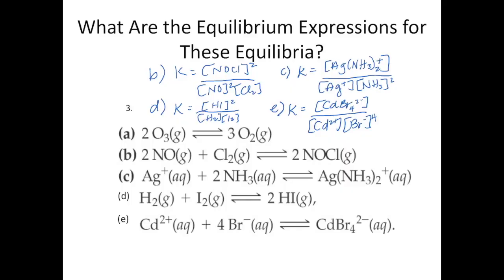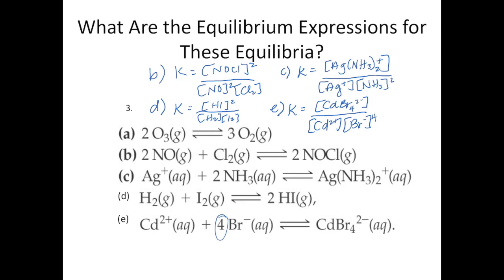Here they are. Here's the answer to B, C, D, and E. If you have ions, just make sure that you include the charges. So if you look at E, you have cadmium bromide with a 2 minus charge, and then underneath you have cadmium 2 plus and Br minus to the 4th. You need that to the 4th because of the stoichiometry. Just make sure that you include your charges in there.